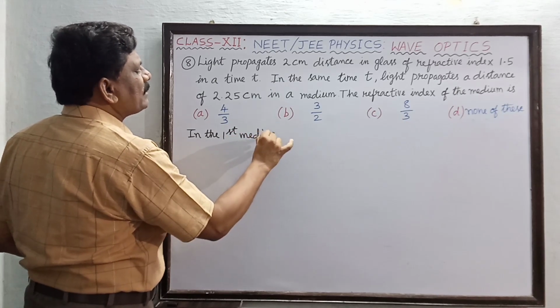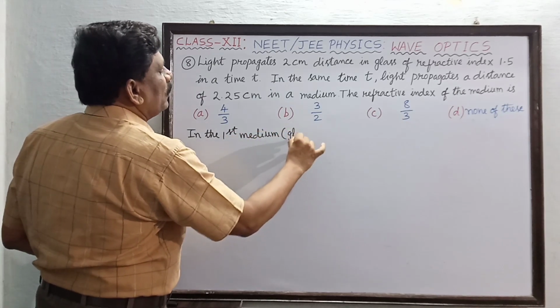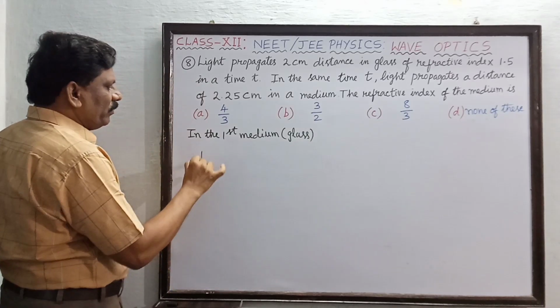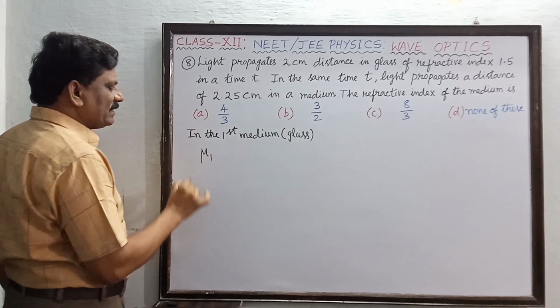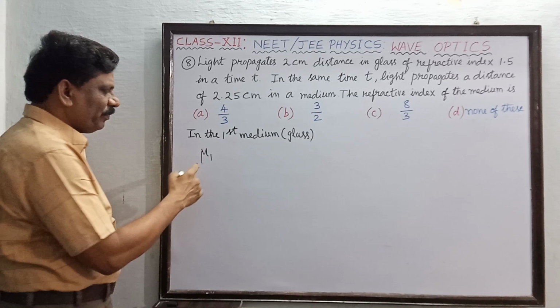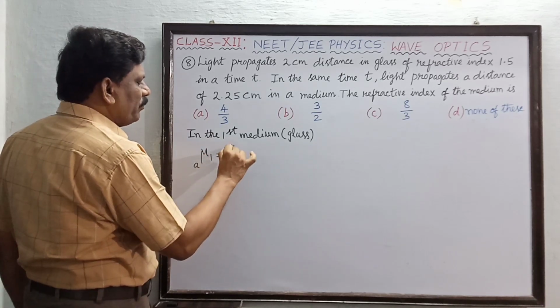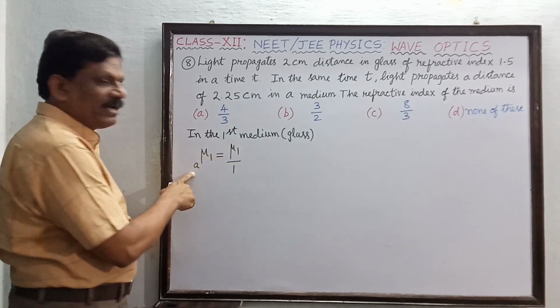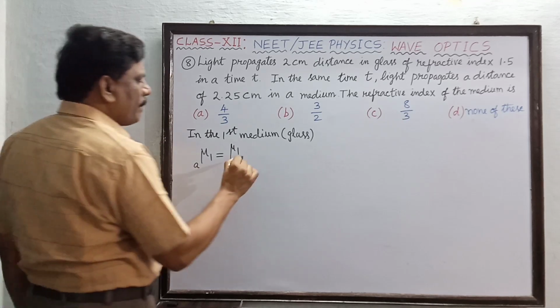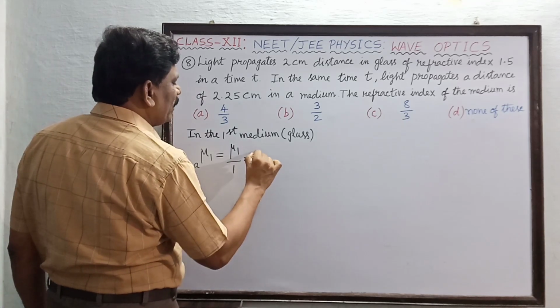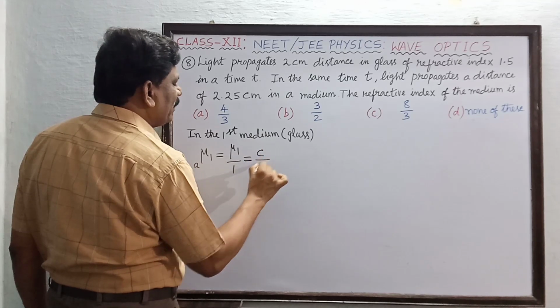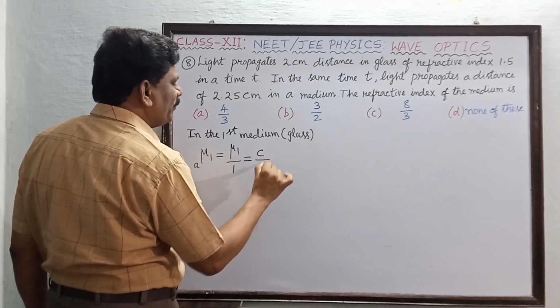The refractive index of the first medium with respect to air is mu1 divided by 1, since for air mu is 1. So this is equal to the velocity of light in air divided by the velocity of light in the first medium.